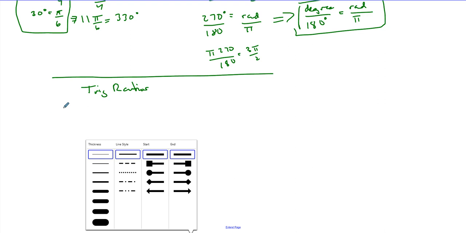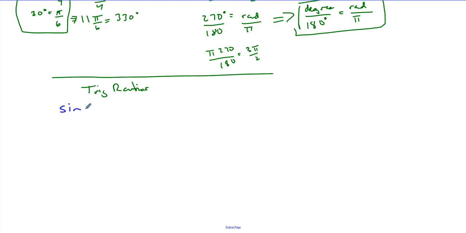For example, you have to know the sine of an angle, the cosine of an angle, the tangent of an angle, and then the cosecant of an angle, then the secant of an angle, and then the cotangent of an angle.